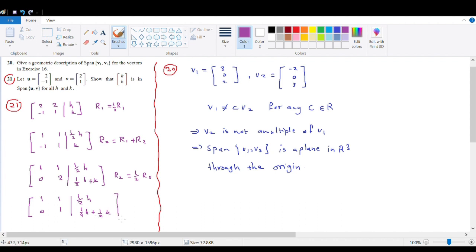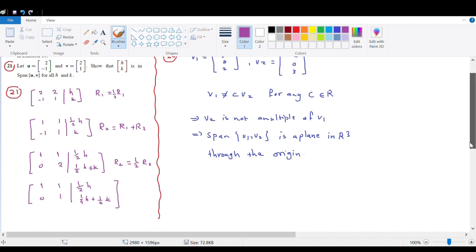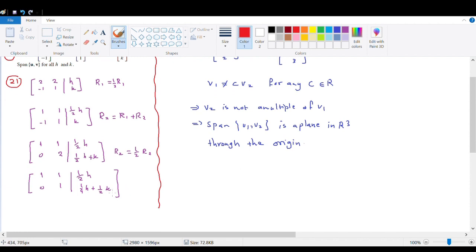Now this system is consistent if this one is equal to 0, because here we have x2 equal to 0. If this one is not equal to 0, for example it is equal to 3 or 4 or any other value, the system is also consistent. So from here, it is clear that this system is consistent for any value of h and k.